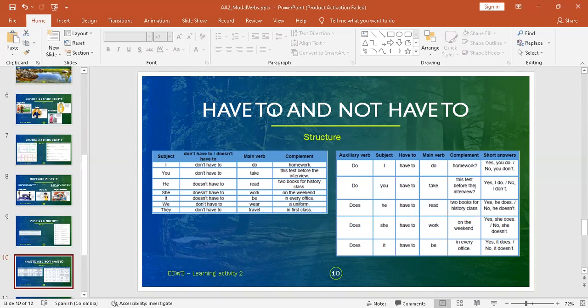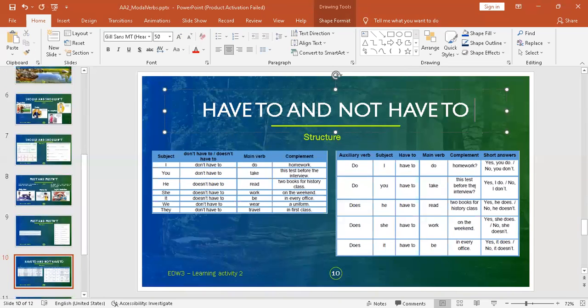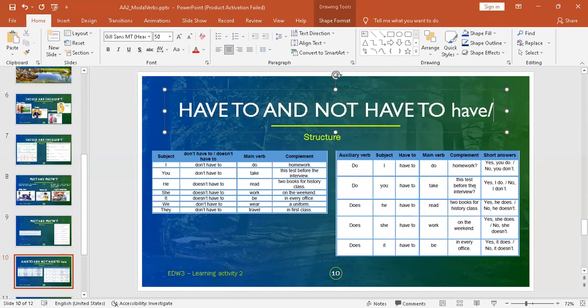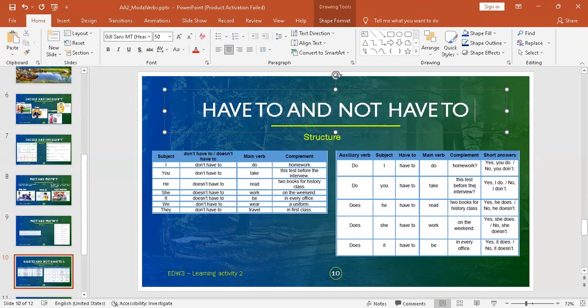Recuerde que la conjugación del verbo have es have and has, que yo voy a utilizar have para I, you, we, they, y que yo voy a utilizar has para he, she, it. ¿Sí? Por eso es un semimodal.